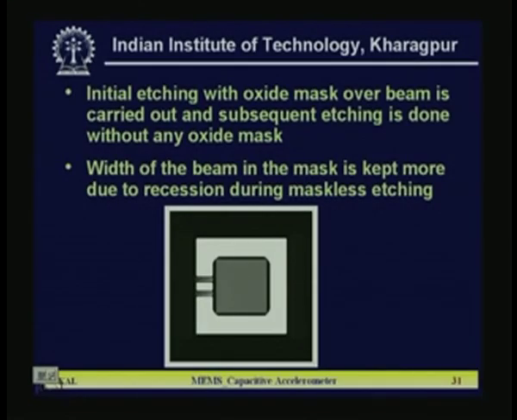The width of the beam in the mask is kept larger due to recession during maskless etching. So you have to think a little more about how maskless etching is used. No mask is required to get the flexure at the center of the cross section. That has been explored and it can be done. In our laboratory this kind of etching is practiced, and I hope within a few practices we will be able to get a similar structure.